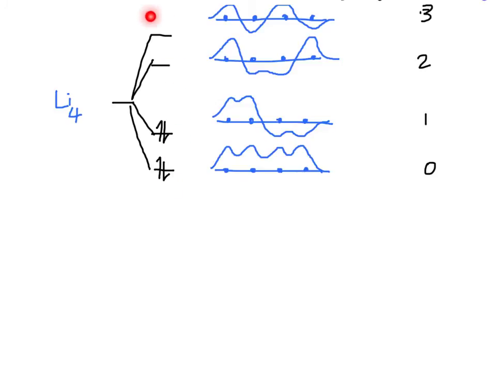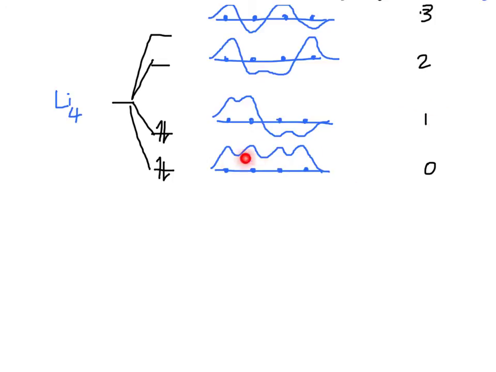So that is the electronic structure. This is the electronic configuration of our lithium 4 tetramer, and these are of course the pictures of the wave functions associated with those energy levels. The bottommost one is a completely bonding combination through and through of all 4 2s atomic orbitals, and the next one contains some bonding combination, another piece of bonding combination, and then there is an antibonding combination over there, leading to one node.